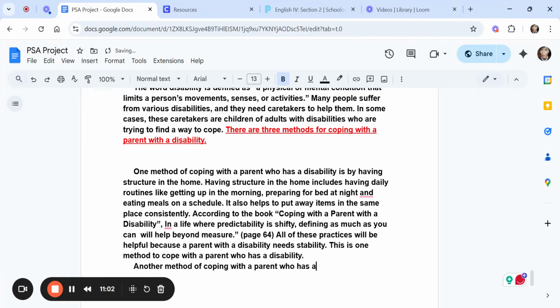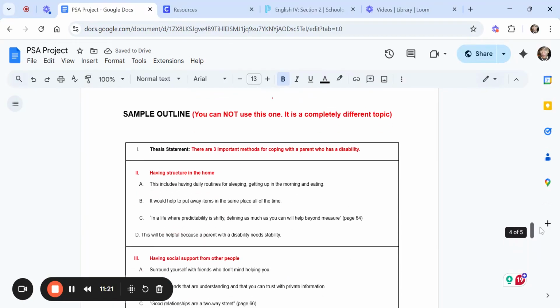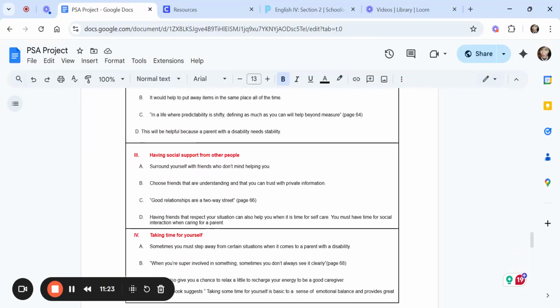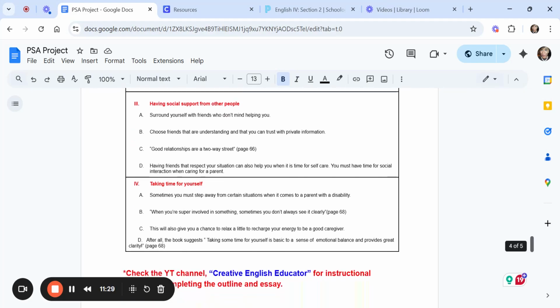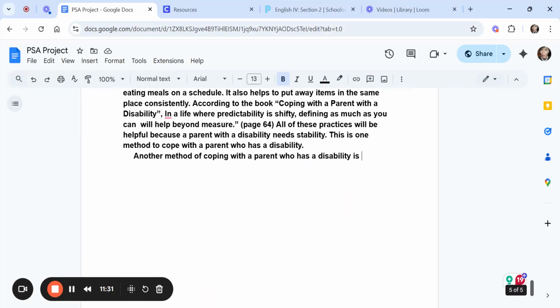Because now, this time, I am going to discuss the details that are in the second section of my outline. So let's see what that topic is in the second section. Here I said having social support from other people. So that is the topic sentence for my next body paragraph.